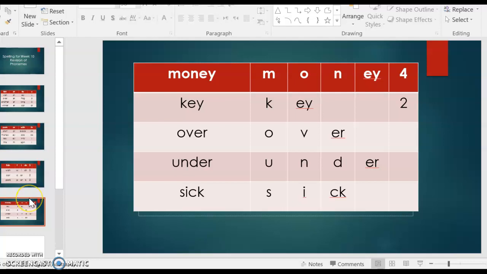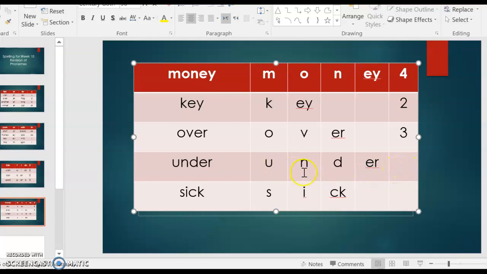And that is it. Did we put the number in here? No, we didn't. So that's 3. Under, under. U, n, d, again. U, n, d, stretch it, under.